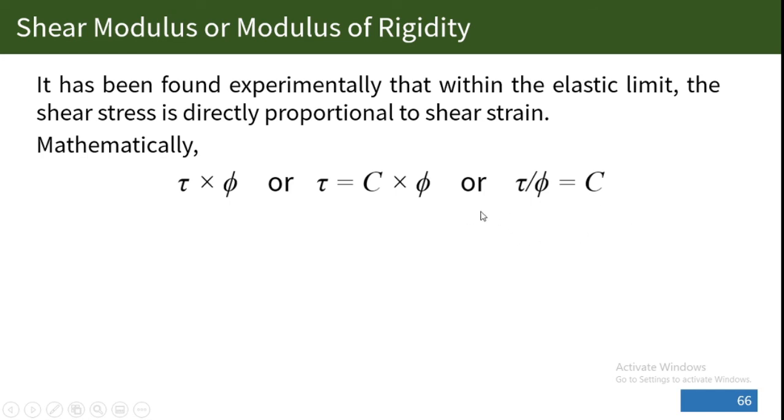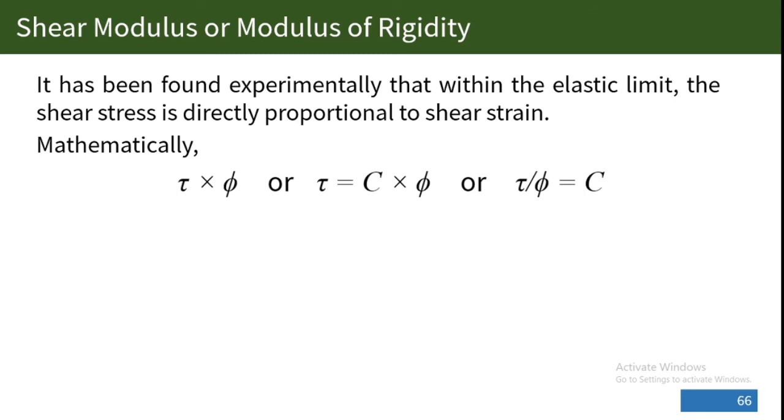From this we get the relation that C, the constant of proportionality, is equal to tau over phi. Okay. So what is C? C is what we got from the proportionality relation of the shear stress and the shear strain.